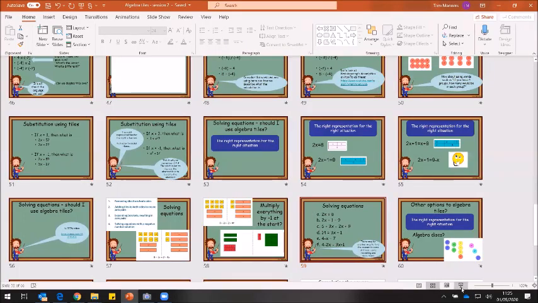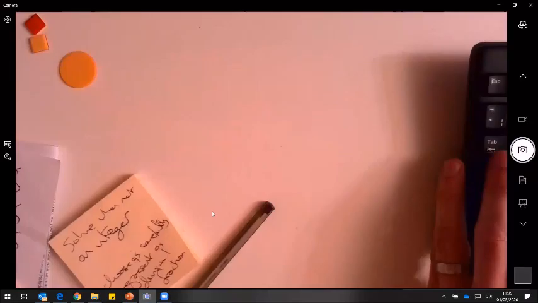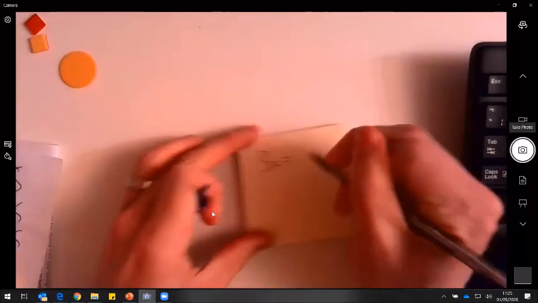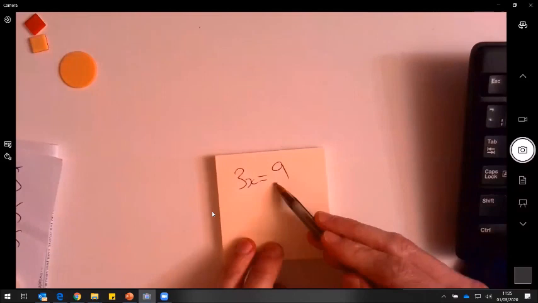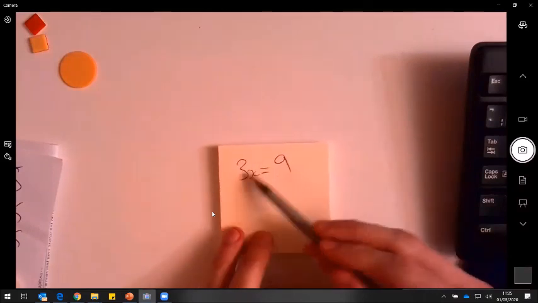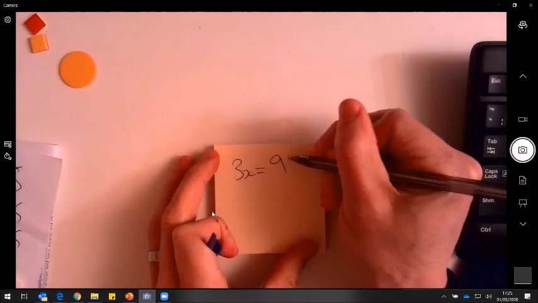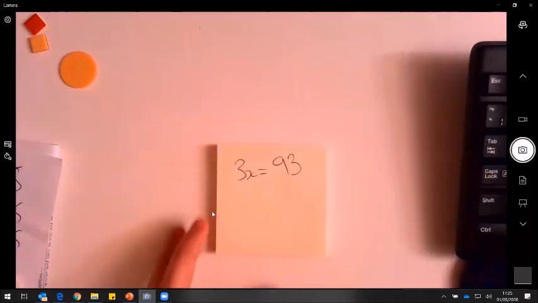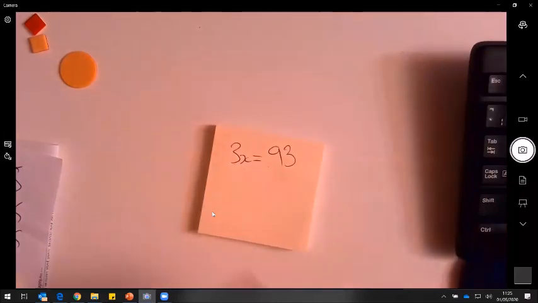Great question, and one that didn't occur to me for a long time. One that I want to look at the camera. So if I may, what I would say is, when we did the same, oh, that's a horrible choice. Did you notice they did 3x equals 9, and you don't want x to equal 3? What a poor choice, because I've already got a 3. I don't want the solution to be that. So let's go for 93 instead, so that this coefficient is the same as the solution.